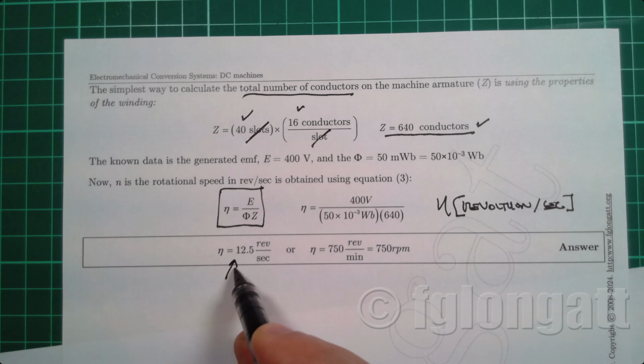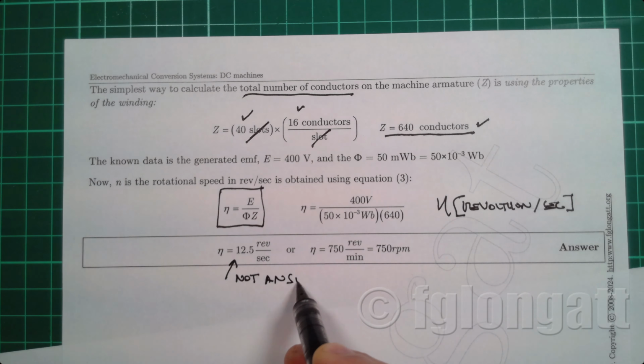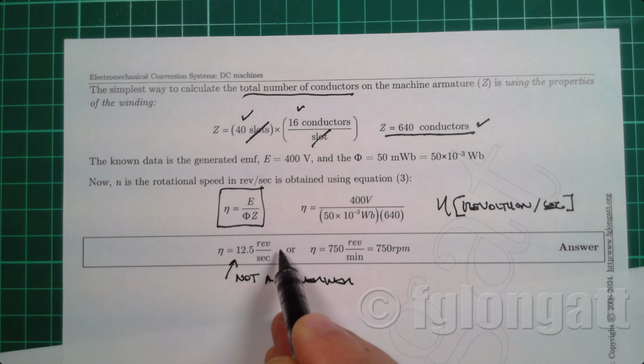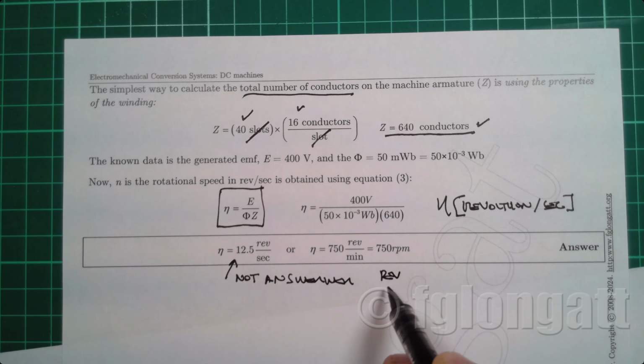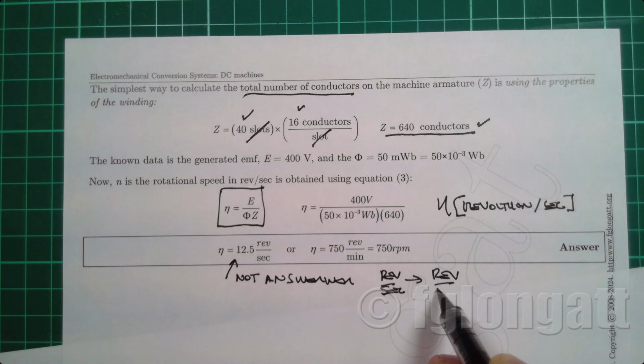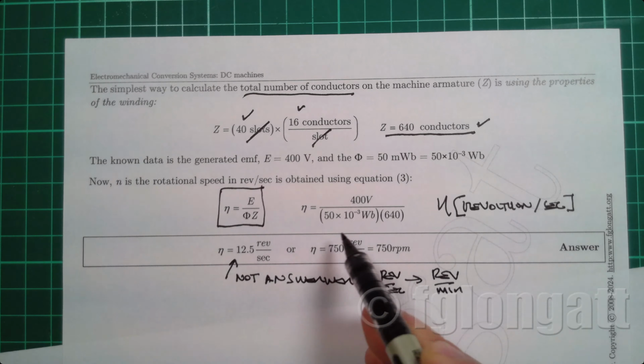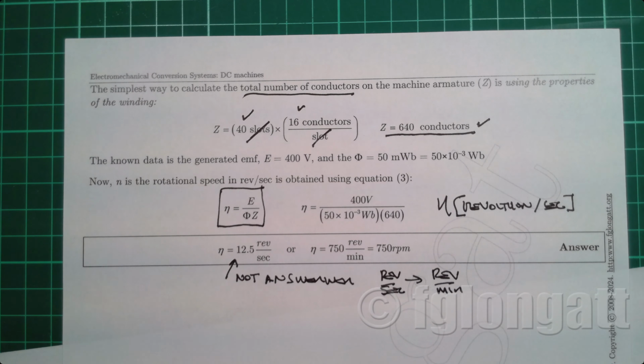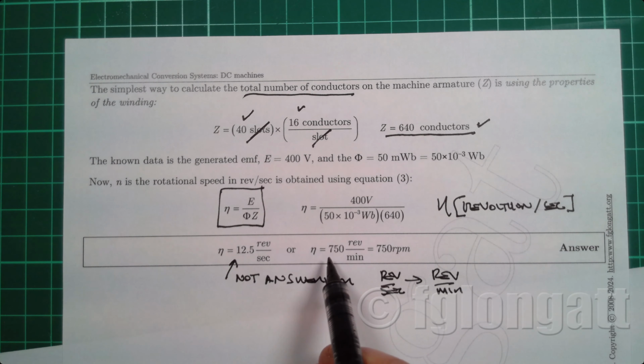But this is not the answer to our question, because we need to convert from revolutions per second into revolutions per minute, since the question asked for the rotational speed in RPM. So here we are with 750 RPM. That is the solution.